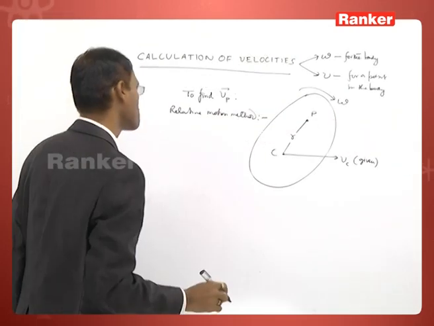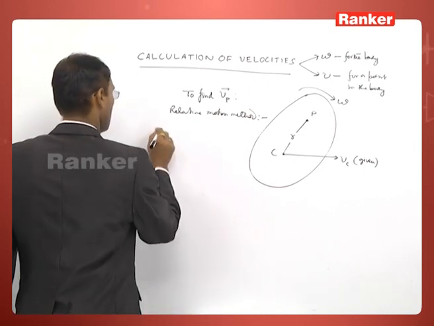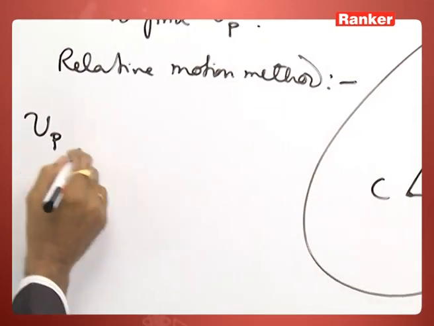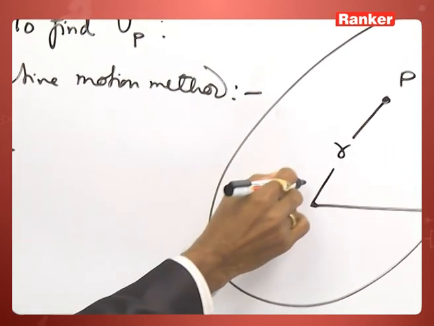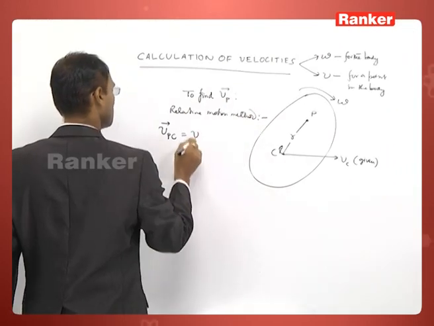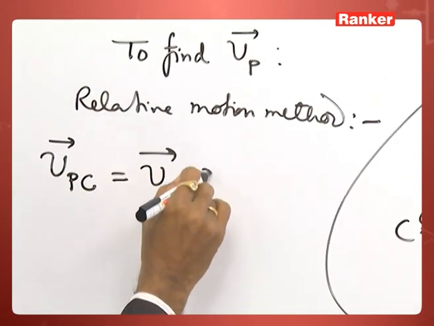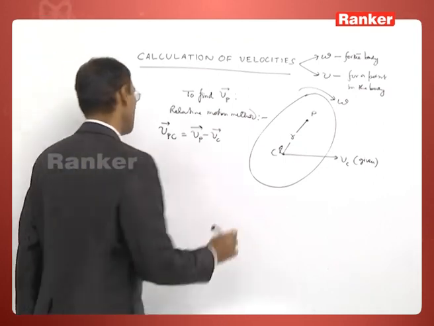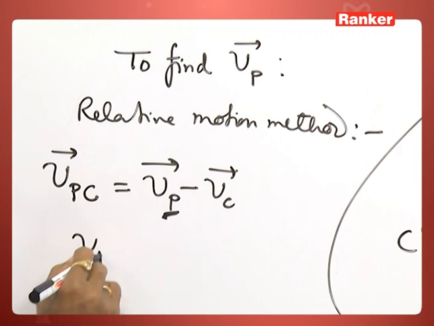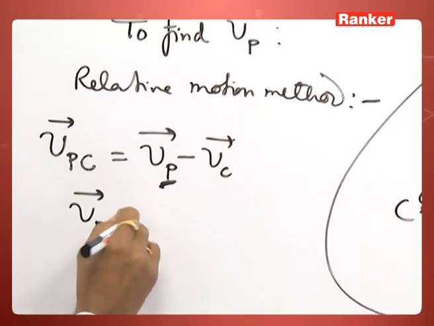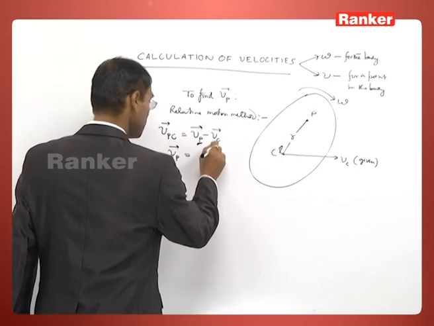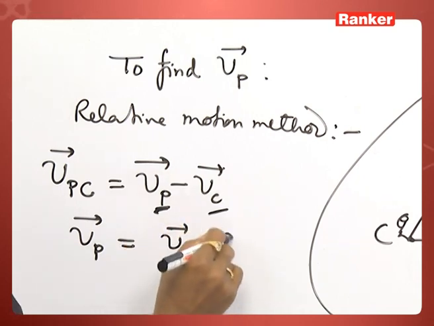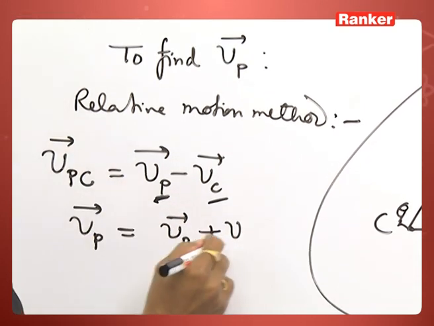With this method, we can use Galilean transformation of velocity, which states that velocity of P with respect to C can be written as velocity of P minus velocity of C. Velocity of P we want, therefore you pull it to left hand side. Velocity of C is given, that is added with velocity of P with respect to C.